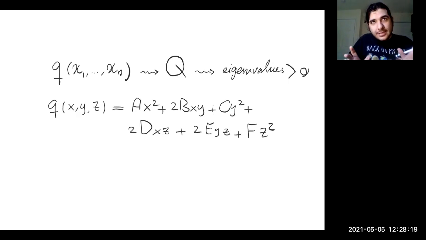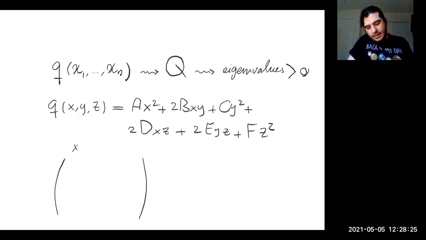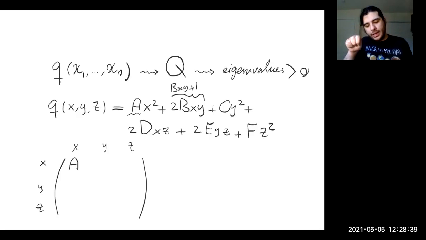So if I want this to be positive definite, again, I should form this matrix x, y, z, x, y, z. So what is the multiplication of x and x? It is a. What is x, y? Again, as I said, think about 2bxy as bxy plus byx. So here in this place for x, y, I would write b.